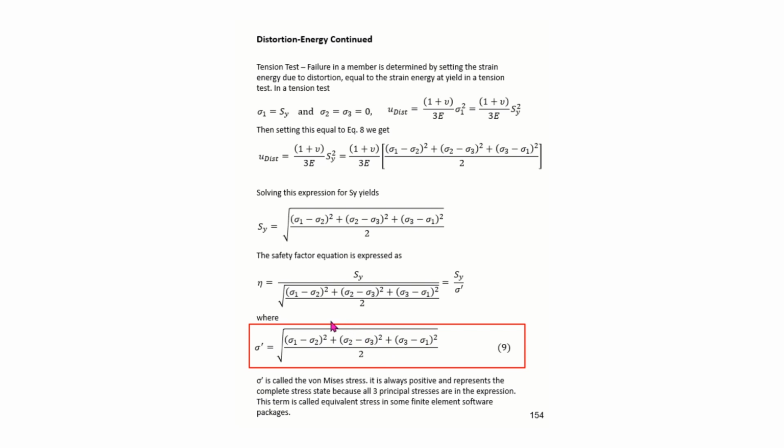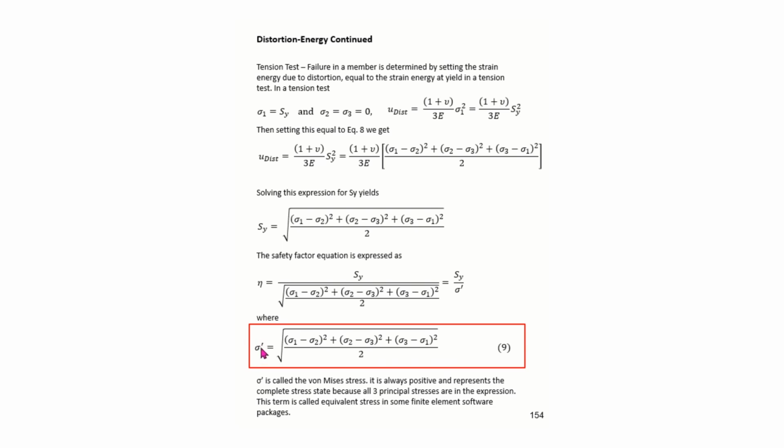So this is a very important equation. This equation you need to commit to memory and make sure that you understand how it was developed. I won't expect you to be able to derive it, but you need to understand how it was developed and where it came from. And again, it comes from the idea of the distortional strain energy.